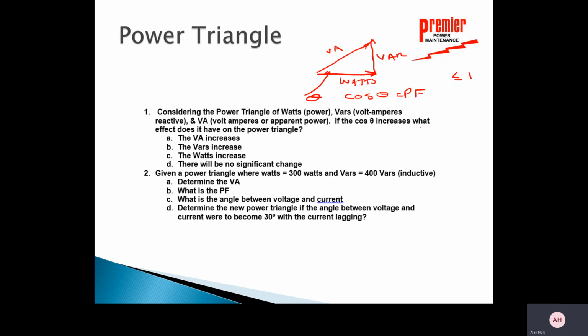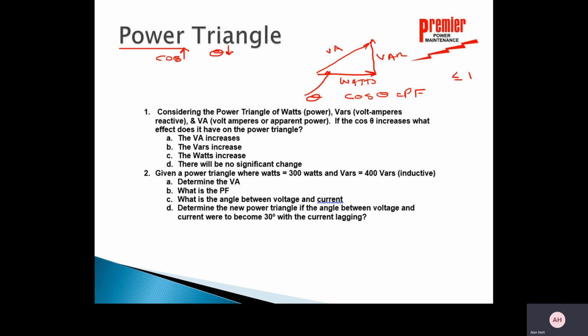So basically what I'm saying is if the cosine increases, what does the effect have on the power triangle? If the cosine goes up, I need to understand that the angle goes down.